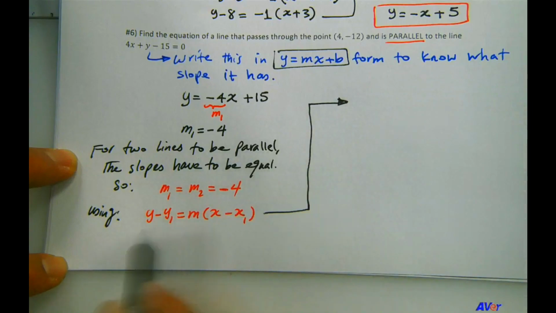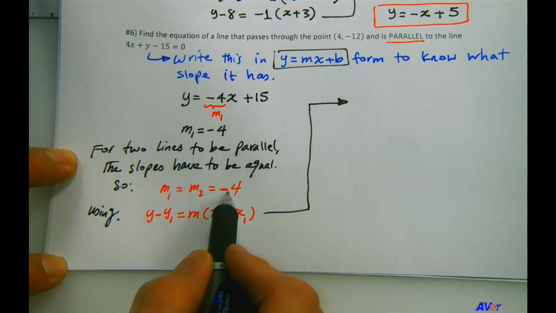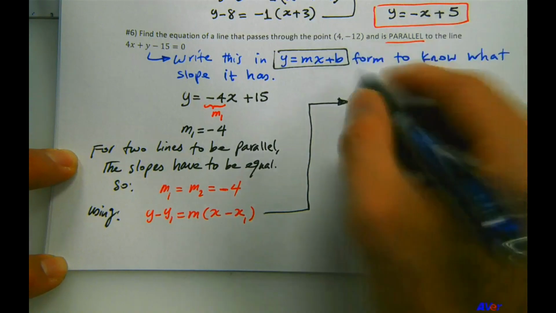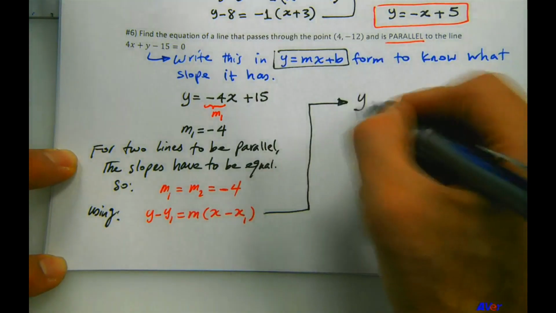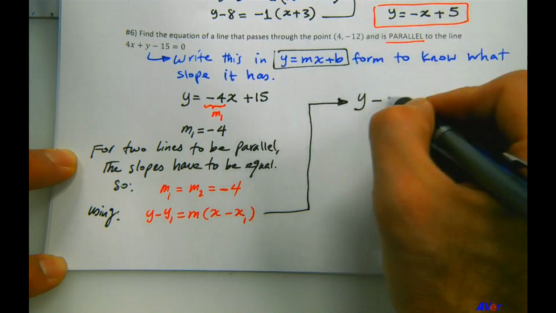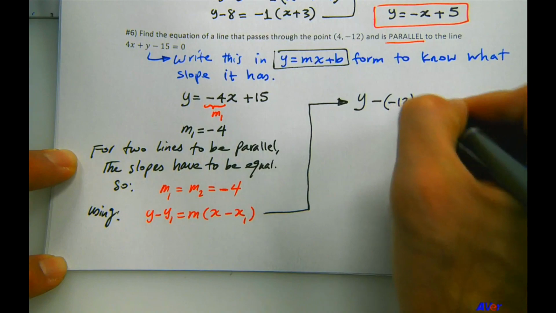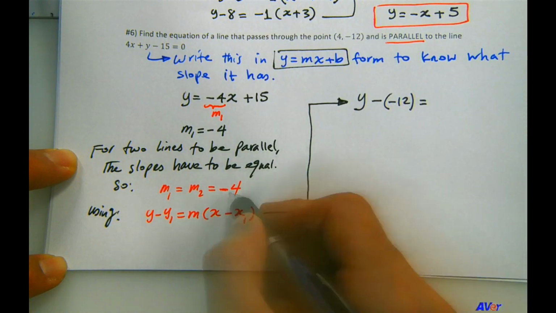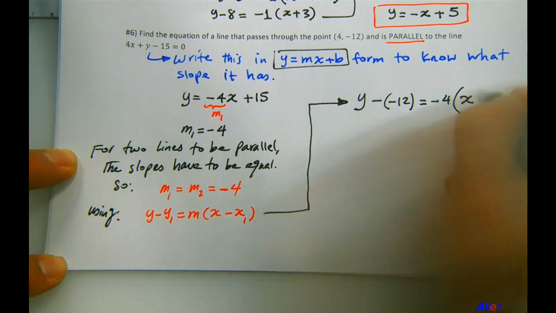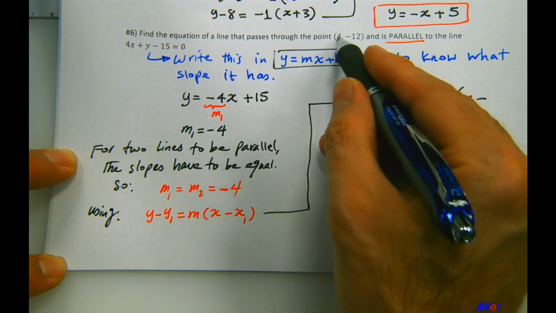Let's plug into this formula with this slope and this point, 4 comma negative 12. So y minus y1, y1 is negative 12, equals m, which is negative 4, times x, which is x, minus x1, which is 4.